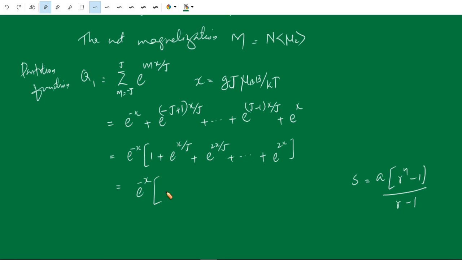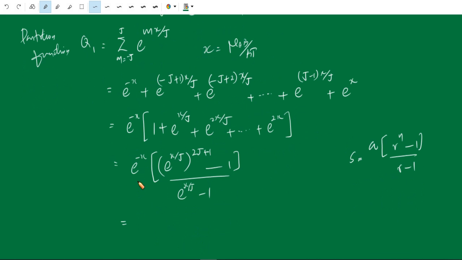Therefore this can be written as (e raised to x by j) whole raised to 2j plus 1, minus 1, divided by e raised to x by j minus 1. We can take e raised to x by 2j into 2j plus 1 from these two terms.